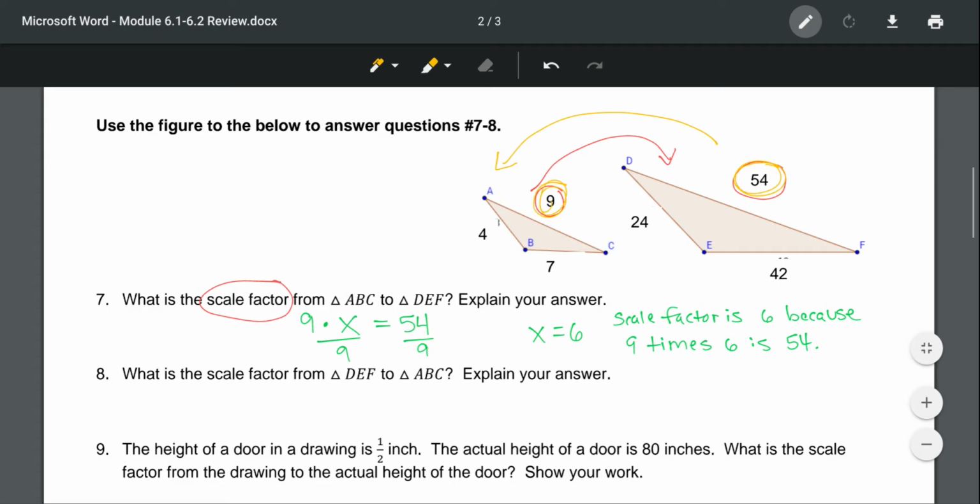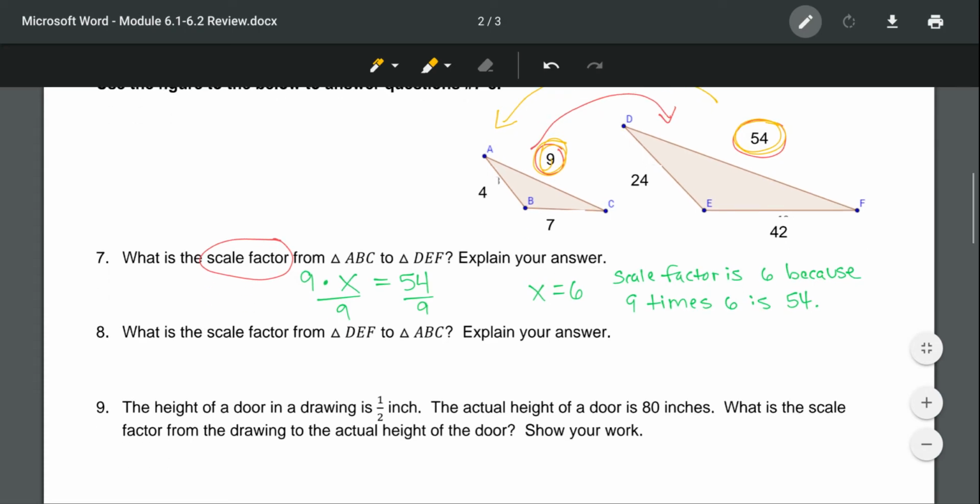So what do you multiply 54 by to get 9? So you can say 54 times your scale factor, which I'm going to call x, and you want that to equal 9. So divide both sides by 54. So that means that x would equal 9 divided by 54.